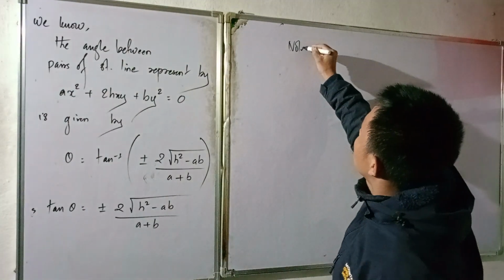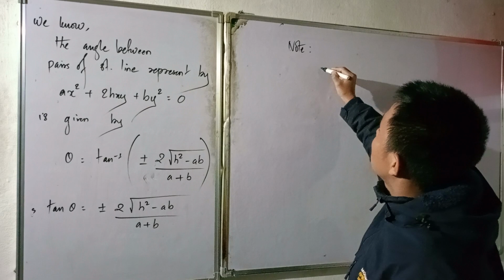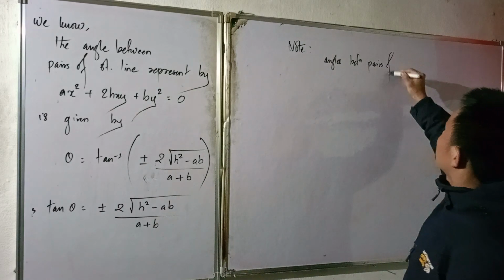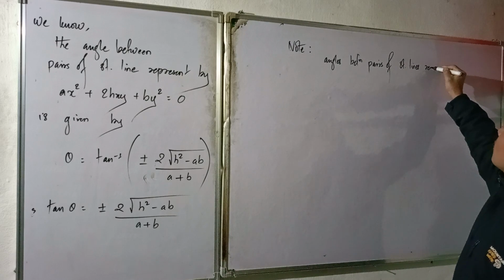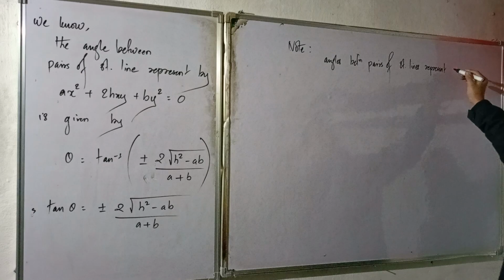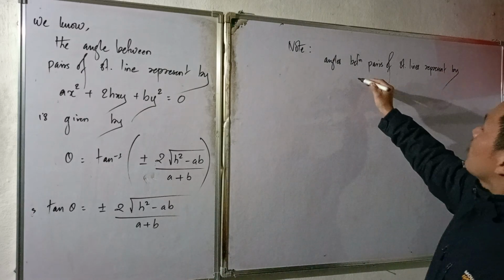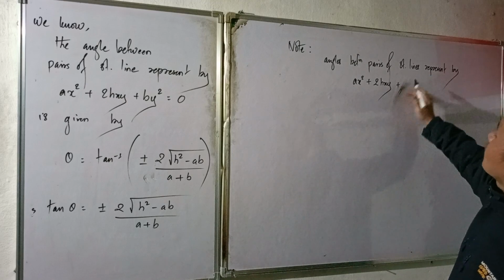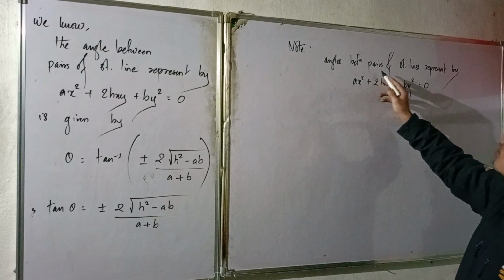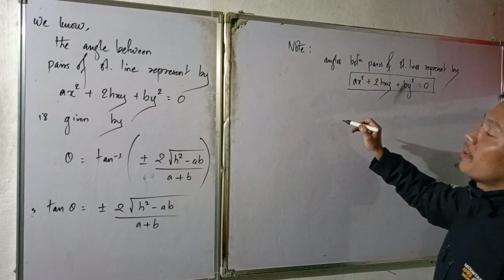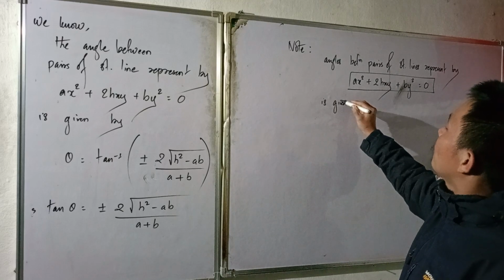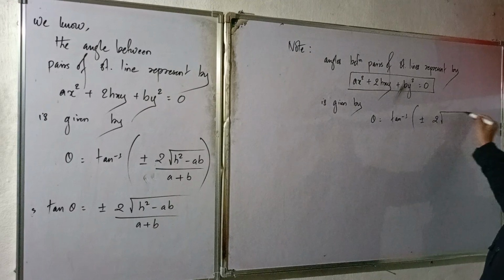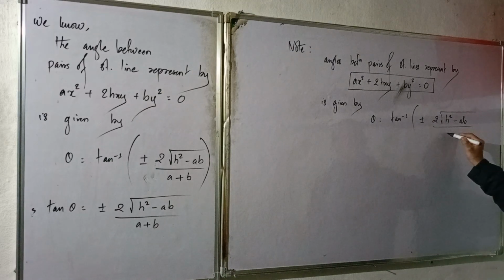So you just have to note the angle between the pair of straight lines represented by ax square plus 2hxy plus by square equals 0. The angle between the pair of straight lines represented by this equation is given by theta equals tan inverse of plus minus 2 under root h square minus ab divided by a plus b.